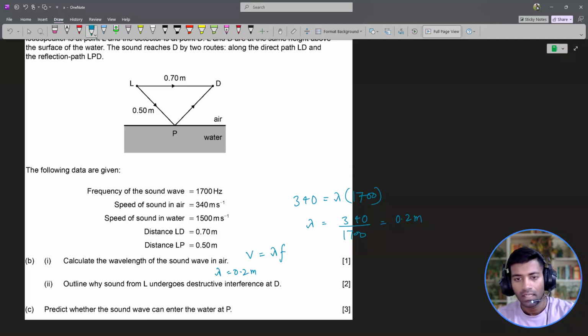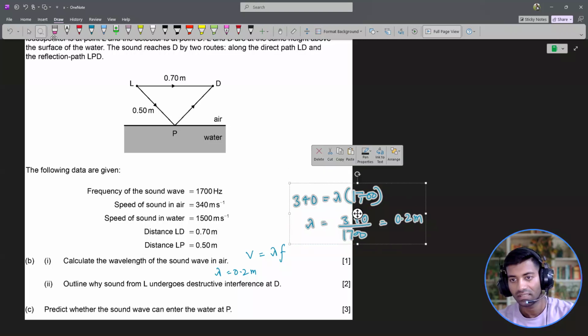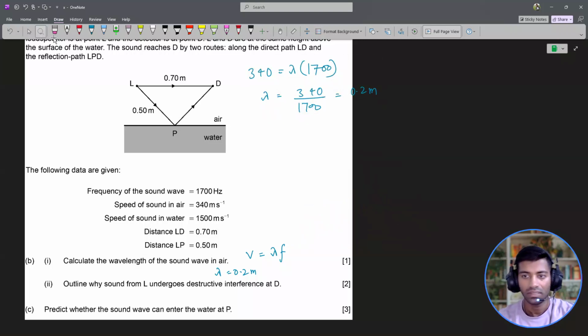Fine. Outline why sound from L undergoes destructive interference at D. Now, for this part, we will have to recall the condition for destructive interference. If you remember, we can check if destructive interference takes place at a certain point by looking at the path difference and the wavelength.